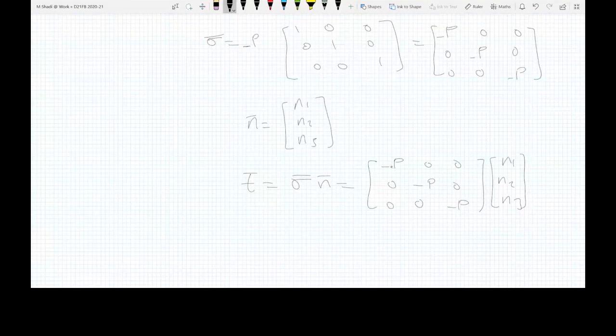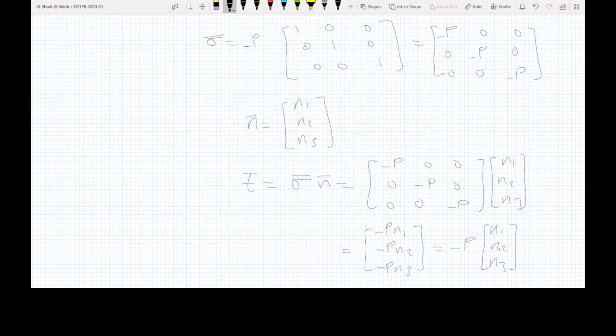So it is N1 multiplied with minus P plus zeros, then minus P multiplied with N2, and minus P multiplied with N3. So this is going to look like minus P N1, minus P N2, minus P N3, or just simply minus P multiplied with N1, N2, and N3.